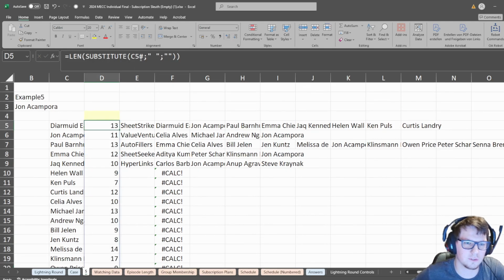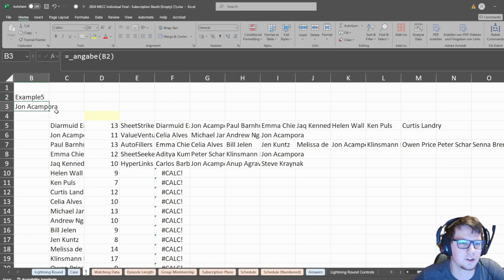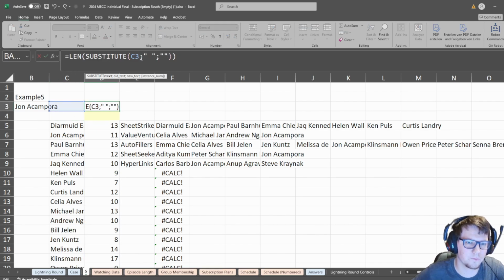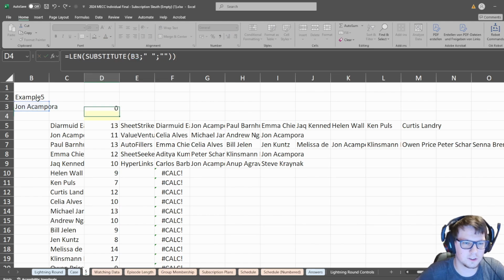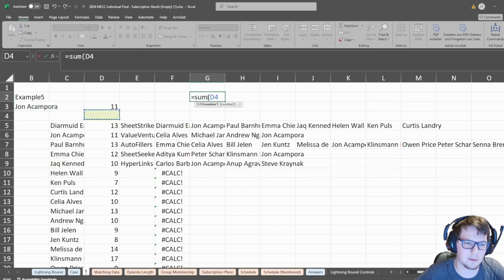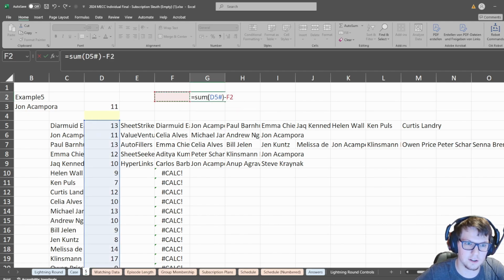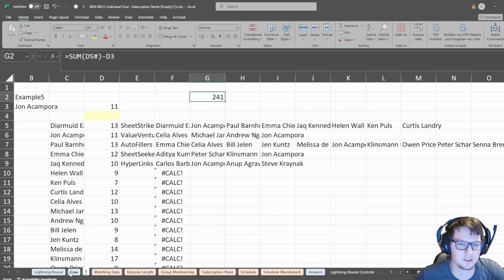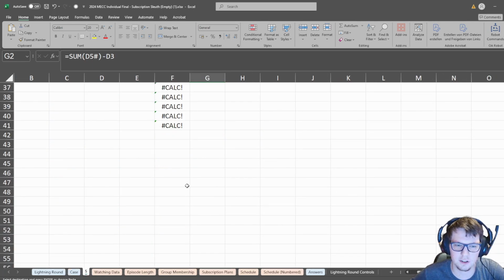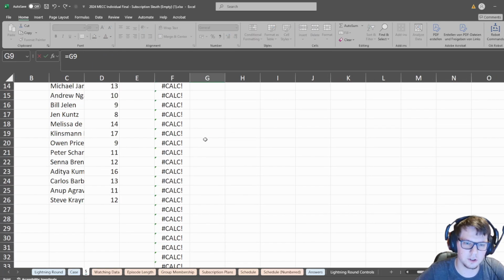This is something we can at least do a bit dynamically. So by now the only thing left is the substitute for John Ankapora, for the main person, and sum this together and subtract this, and we get 241, which is the right answer.